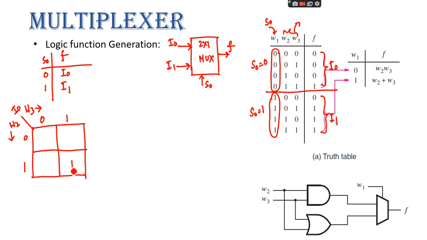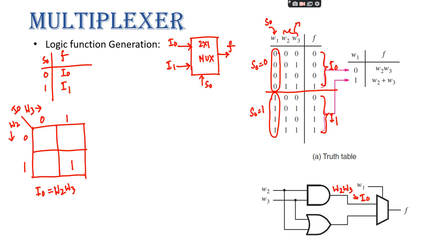The last one, right? Yes, sir. So we can write simply I0 is W2 W3, right? Yes, sir. So W2 and W3 is doing an AND gate, so I0 equals W2 W3.